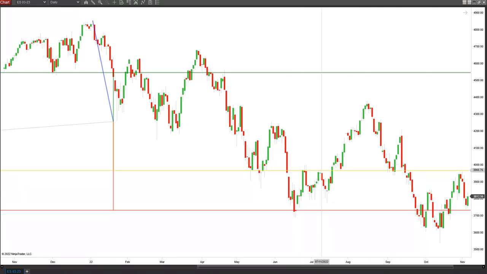The yellow line holds it again. It breaks, then the yellow line becomes support, then it breaks, and that's the end of that one, and then we get one more test of that over here.